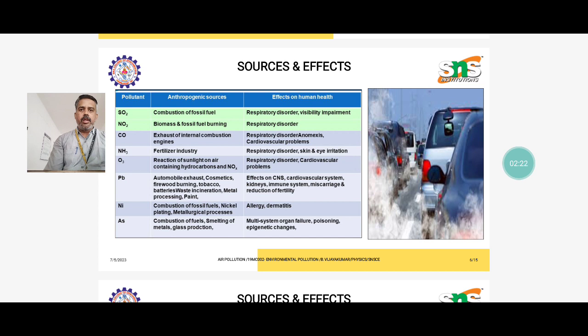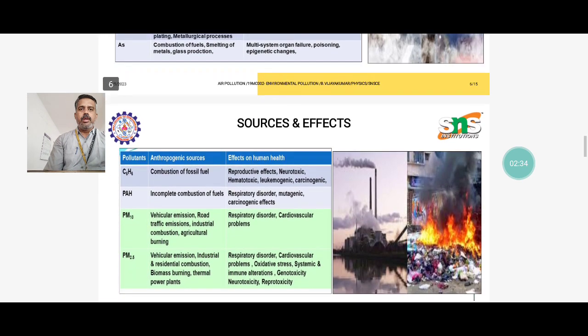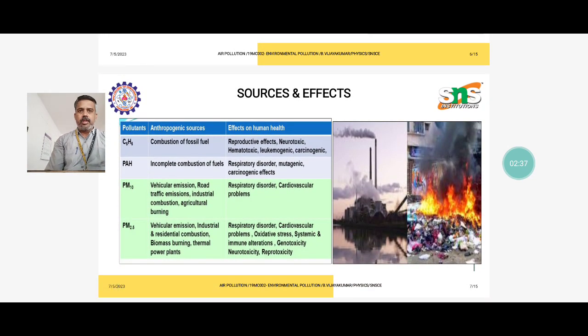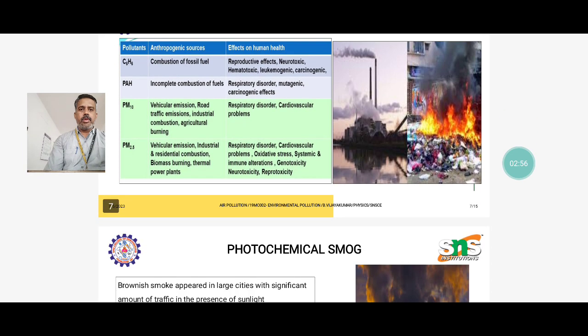Especially carbon monoxide and sulfur dioxide play a very important role in air pollution. They create many breathing problems for human lives. Then the effects and the sources: air pollution continues from many industries and the burning of unwanted materials, especially polythene materials. They create dark smoke in the air that affects our breathing.